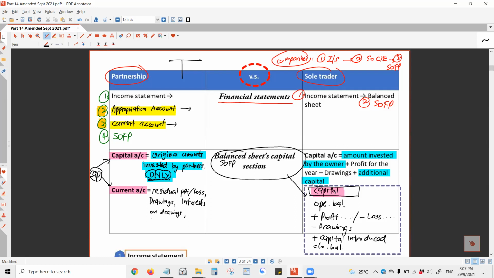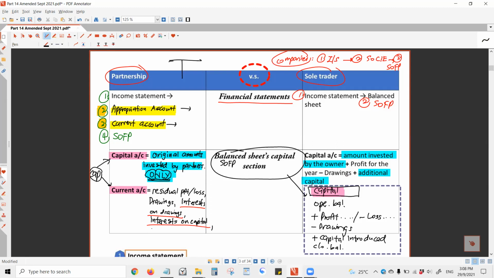And then you could have interest on capital, things that do not appear in the sole trader business, right? Interest on drawings, interest on capital. You don't see them in the sole trader's business because we don't need this. That's why you see them as extra things in the partnership.